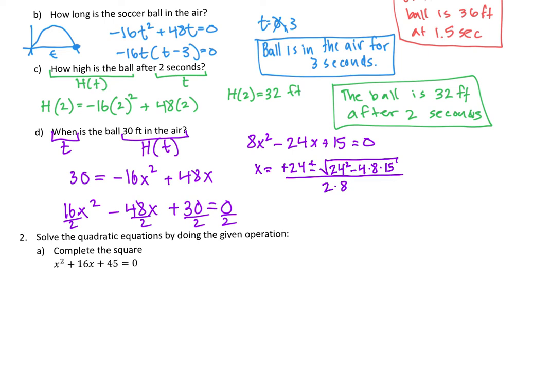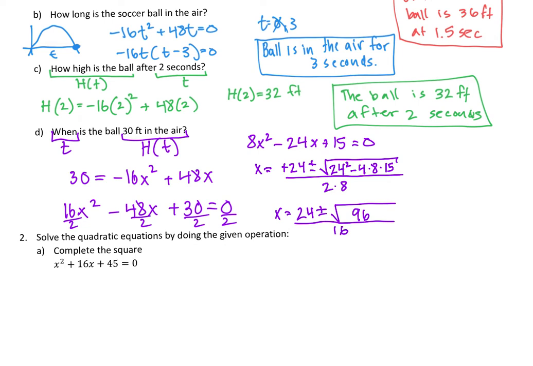So I'm going to simplify the inside of the square root on this. I get x equals 24 plus or minus 24 squared minus 4 times 8 times 15. I actually just plugged that right into the calculator and got the square root of 96 all over 16.